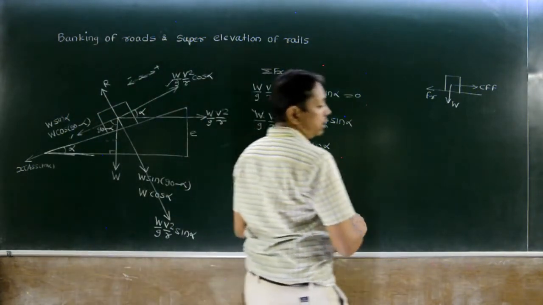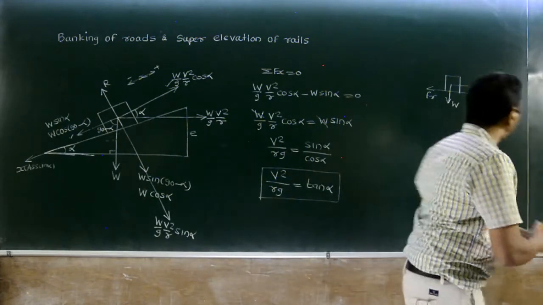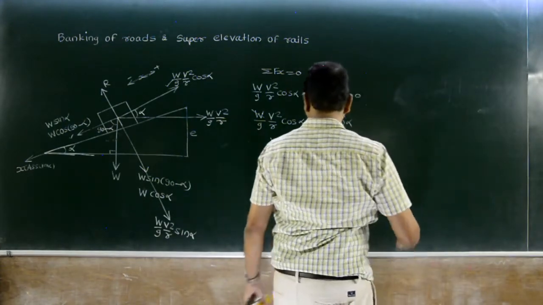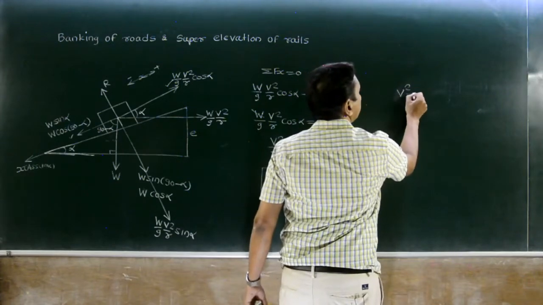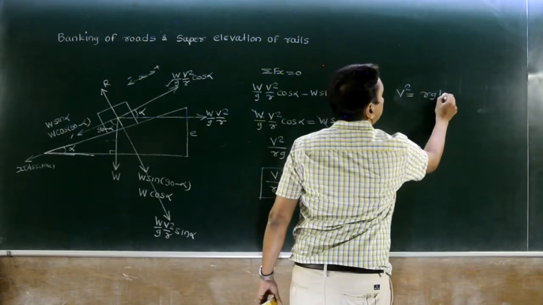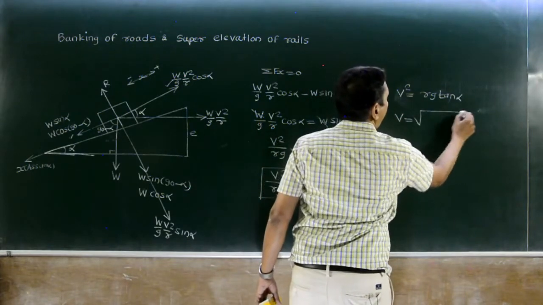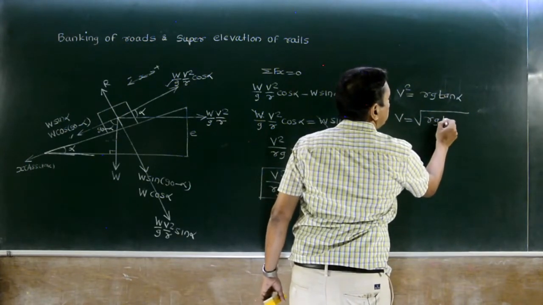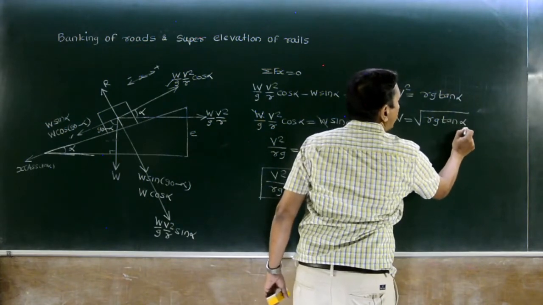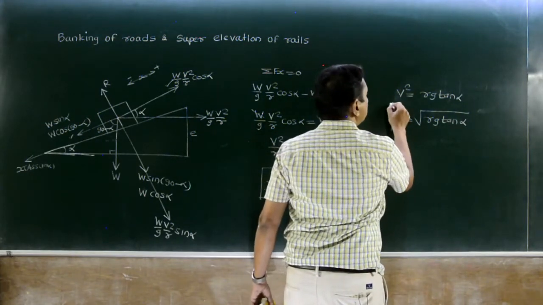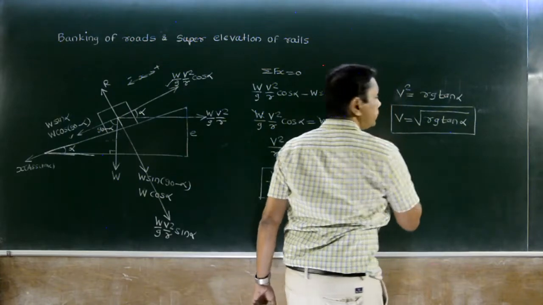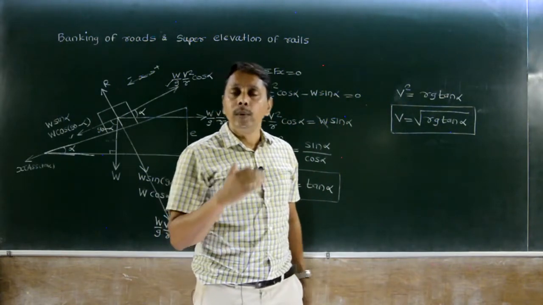From that, let's get the expression for velocity. Here v square is Rg tan alpha, so v is the square root of Rg tan alpha. So the angle of banking and radius of curvature give us the design speed on a curved path. It will give what?